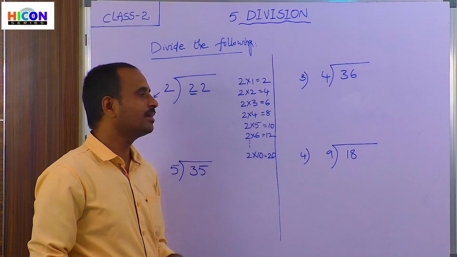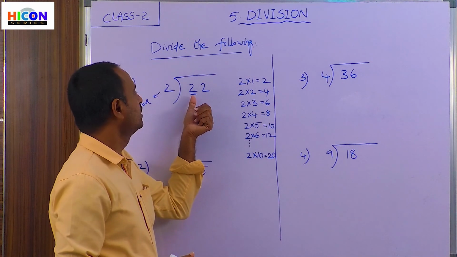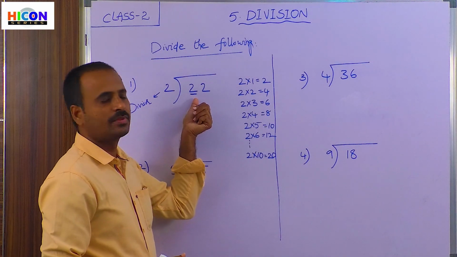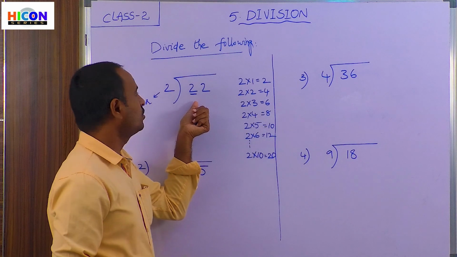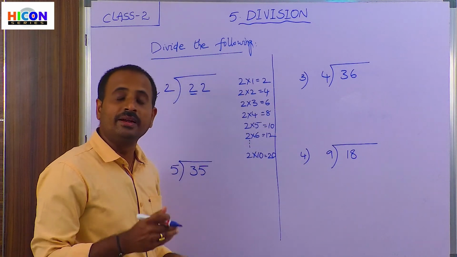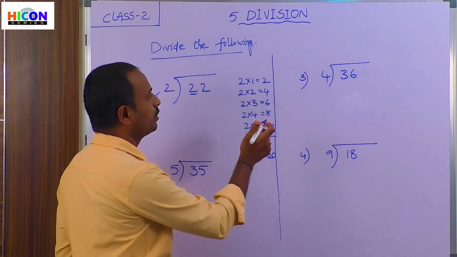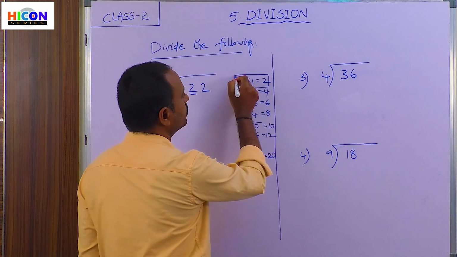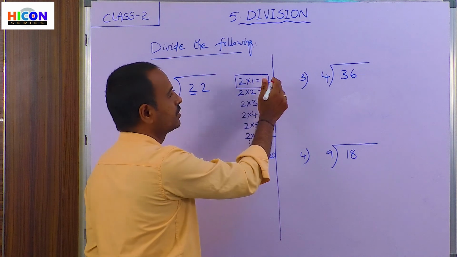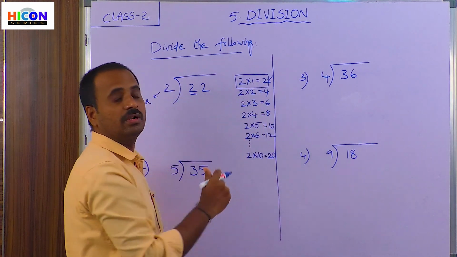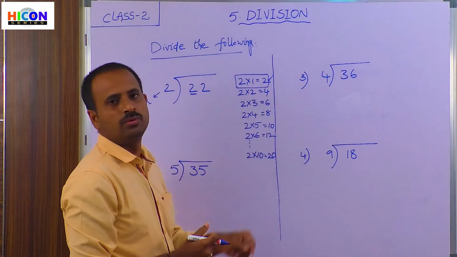First take the first digit, that is the digit in the tens place. What is it here? 2. So how many times? When does the number 2 come in the second table? 2 ones are 2. That means 1 times 2 is 2.